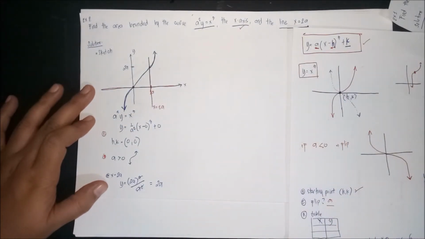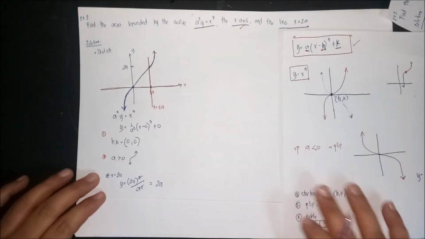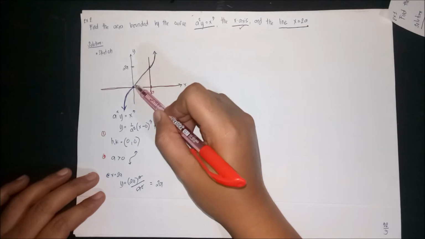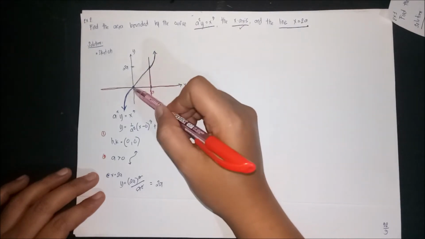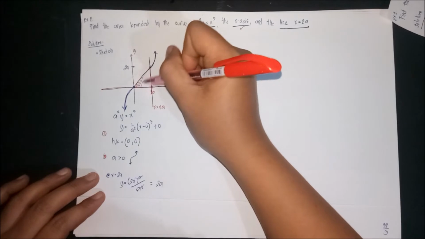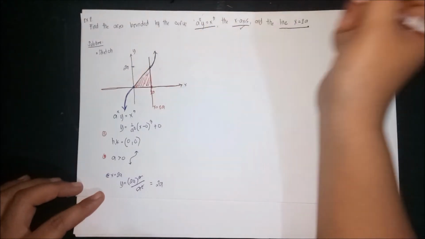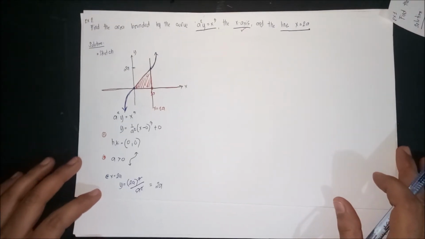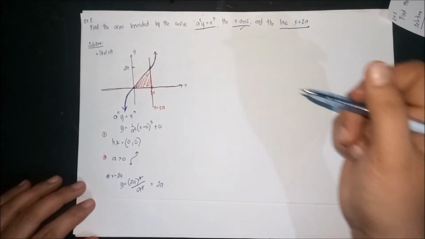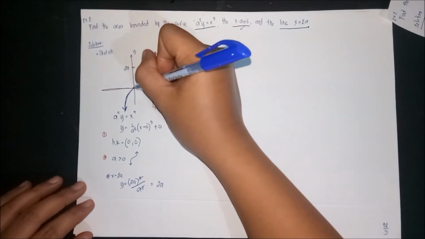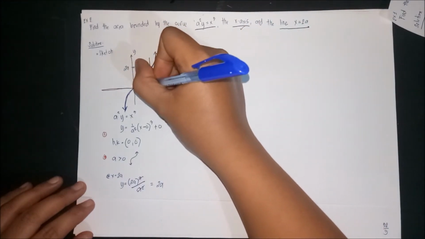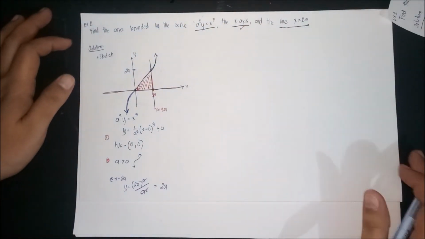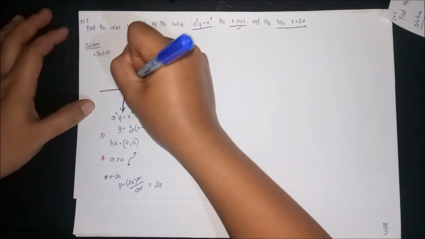Alright? Now, let's look at the area we are looking for. The area we are looking for, as stated, is the area bounded by this curve, by this line, and the x-axis. So, class, this is the area we are looking for. It looks like a triangle, but it is not really a triangle. Okay. Now, let's proceed to our formula. But before that, class, this is the vertex, this is 0, 0.